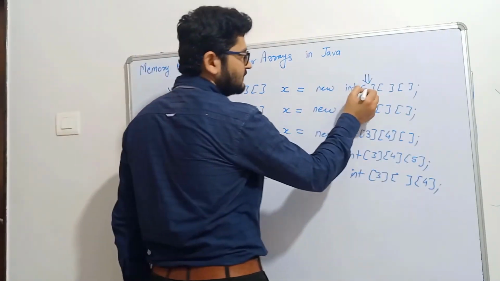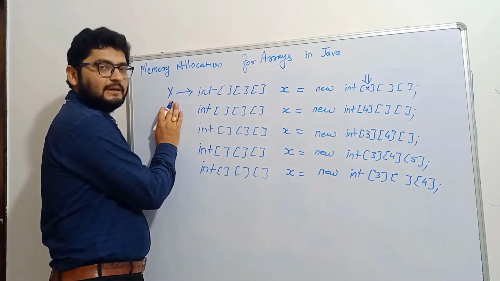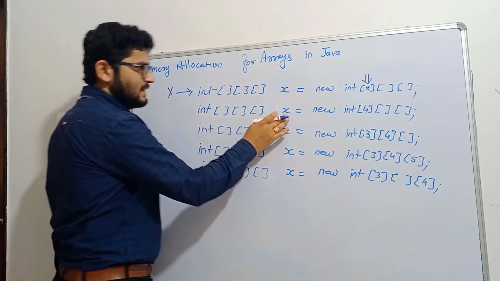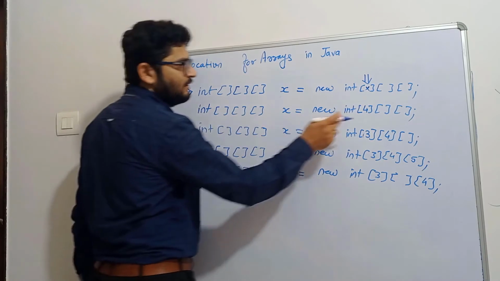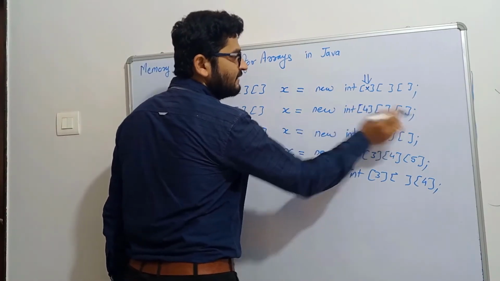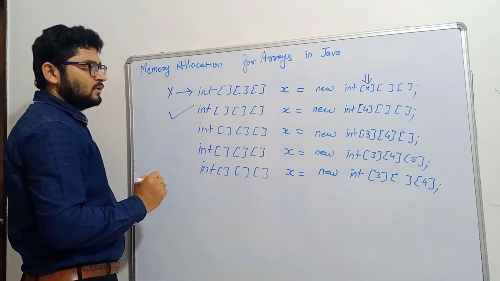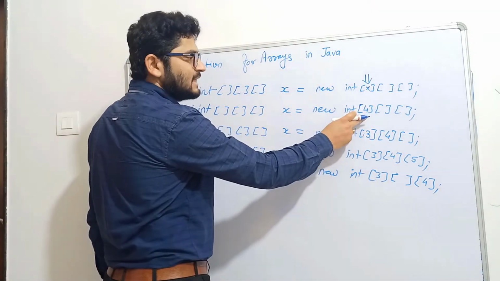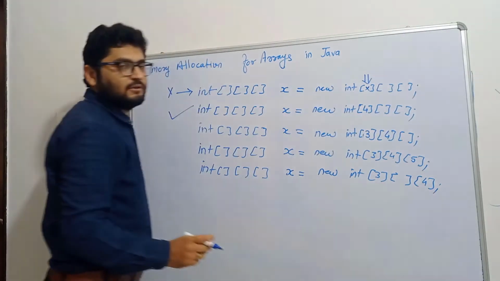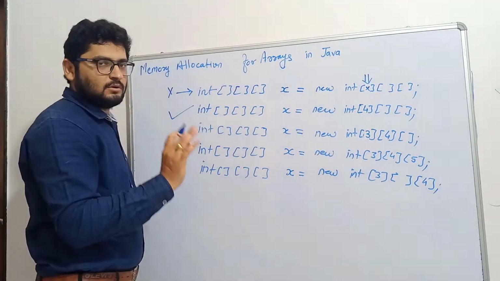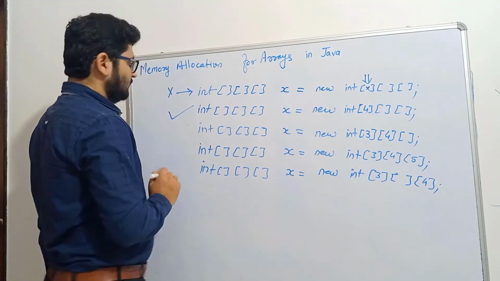I haven't given the size over here, that's why this is invalid. Now again the x 3-dimensional array, I have given the base size, remaining size I haven't given. So that's why it is valid. Okay, because the first base size I have given, but remaining size I have not given. So that is 100% okay, no problem at all.